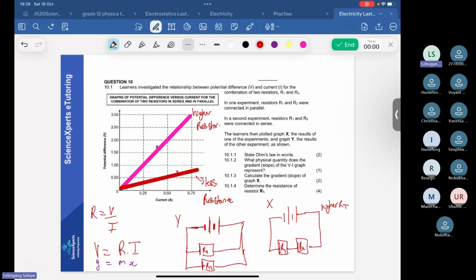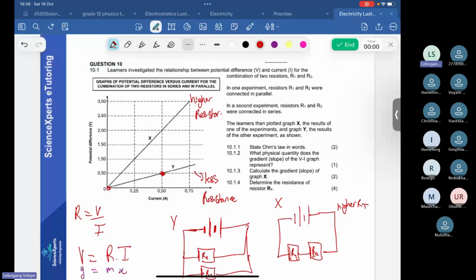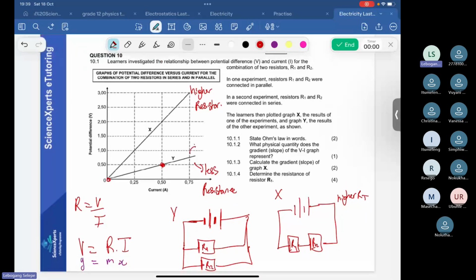Okay, so for Y, let's wipe this, for Y we calculate the slope. Let's use this point and that point. So our slope would be 0.50 divided by 0.50 for Y. That would be our R total here in Y. R total would be change in Y over change in X, which will be 0.5 minus 0 over 0.5 minus 0.